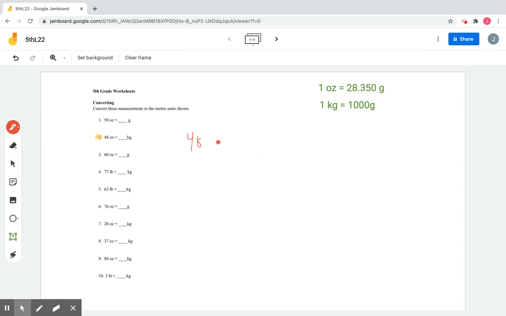So we're going to multiply 48 by 28.350 because there are 48 ounces, and then it is equal to 1,360.8. All right, so now we converted it to grams.